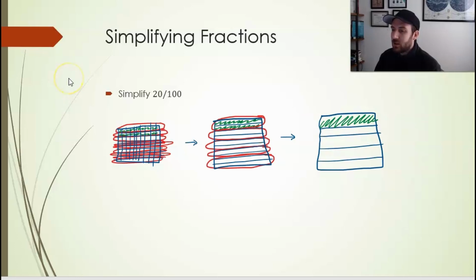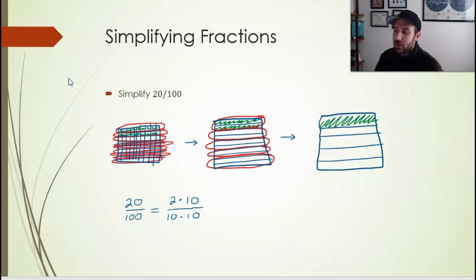So if we'd like, we can look at how we would change this using our arithmetic, our algebra, and follow it through. What we did the first time is we recognized that 20 and 100 are both numbers that have groups of 10. So we could look at this as saying we have 2 groups of 10, use our multiplication, and on the bottom we had 10 groups of 10.